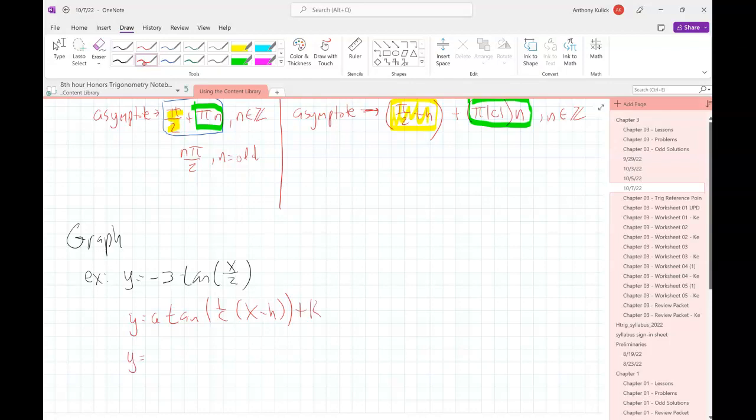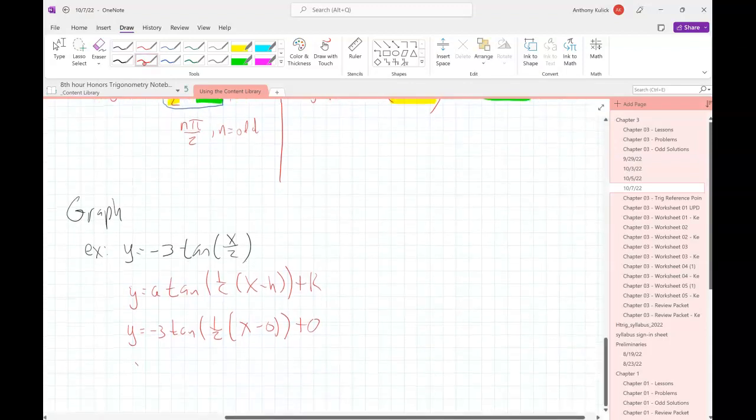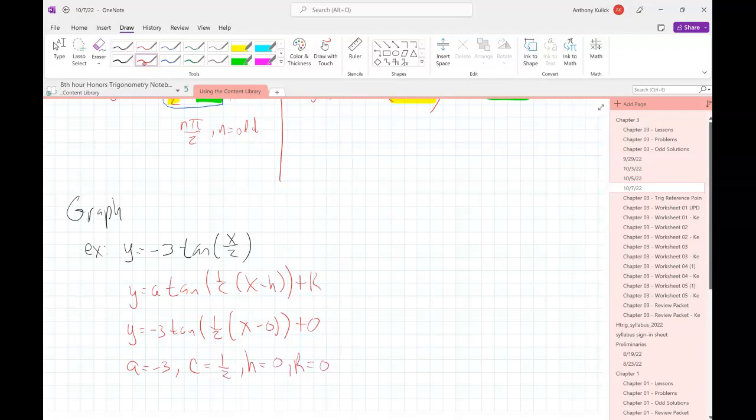So if I do that, I have -3 tangent of 1/2 x minus 0 plus 0. So my A is -3, my C is 1/2, my H is 0, and my K is 0.